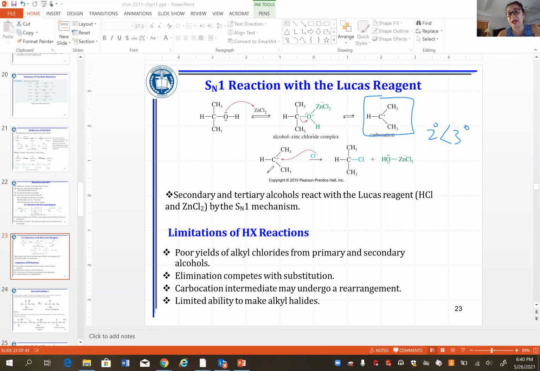The benefit or application for this reaction, if you are in the lab, is just like the chromic acid that I mentioned last time. I said if chromic acid does not react with an alcohol, that means that alcohol is a tertiary alcohol. That's a question I usually like to bring on the exam.